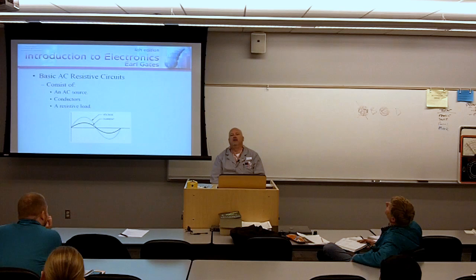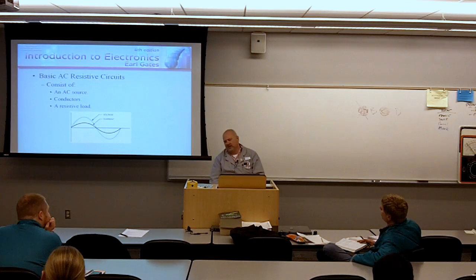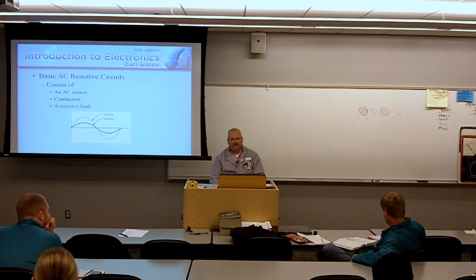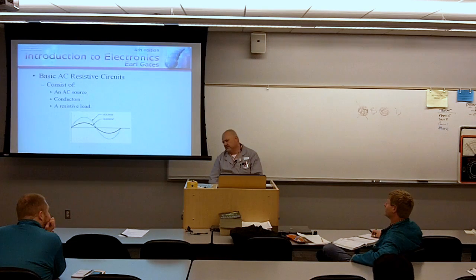No phase shift. What components cause phase shift? No inductors or capacitors. So as long as there's only components in there that have resistive properties, we're good to go. As soon as there's a capacitor in the circuit, all bets are off. As soon as there's an inductor inside the circuit, all bets are off. But if it's an AC circuit that's made up of nothing more than purely resistive loads, we're good to go.